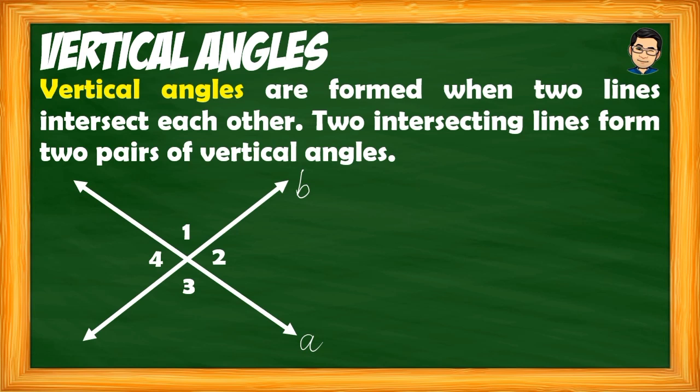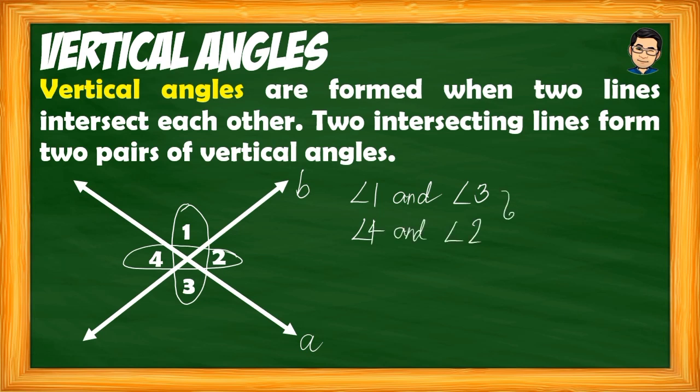So, let us identify two pairs of vertical angles. Yung unang pair po natin is angle 1 and angle 3. Ito po sila. Angle 1 and angle 3. Magkabilaan po sila. And then, what else? Angle 2 and angle 4. So, angle 4 and angle 2 are vertical angles.